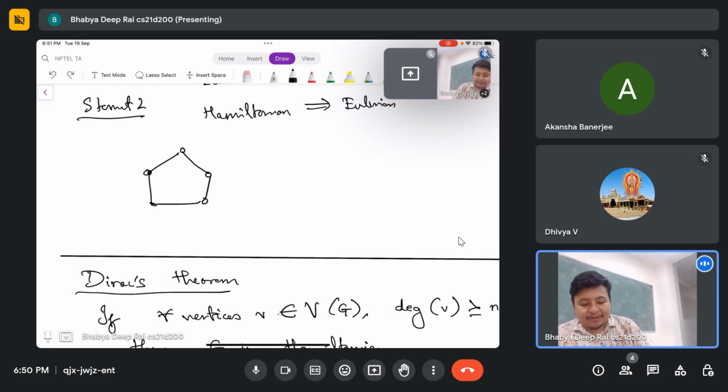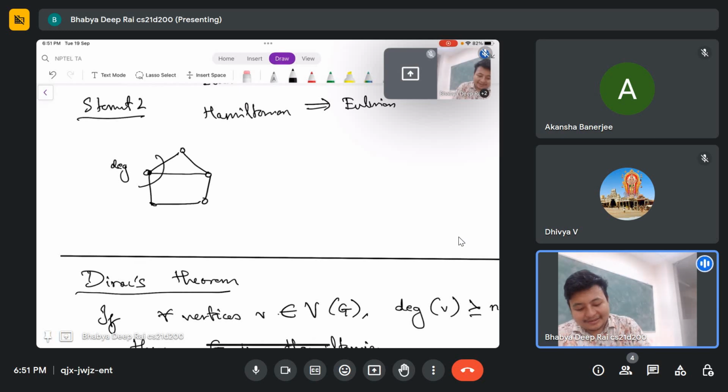So I need to somehow add something like this edge, so that some edge is not possible to visit. Clearly this is Hamiltonian because there is a cycle here. Is this Eulerian? This is not Eulerian.